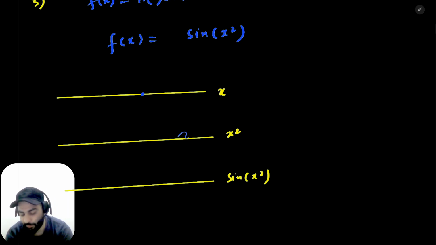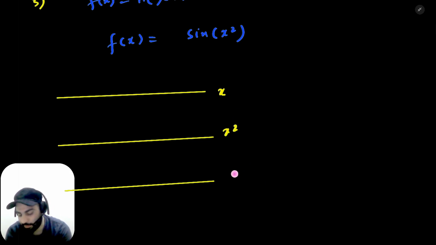So x square will obviously be greater. If this value is, let's suppose, 2, then this will be 4. And this will be sine of 4, some value. So if I want to make a change in this value, if I do some change on this value of x, I'll just write these things.